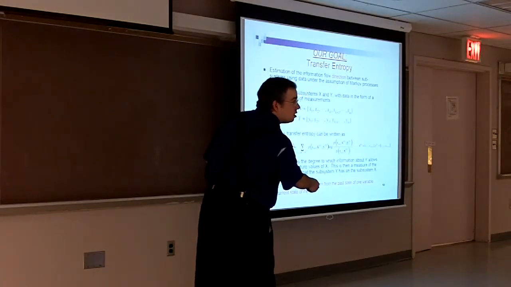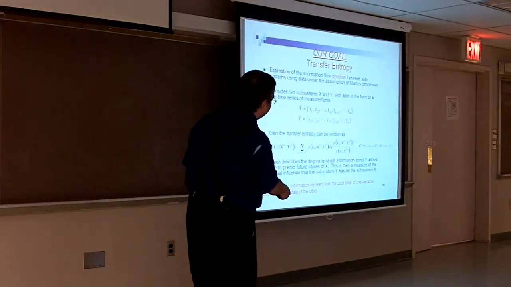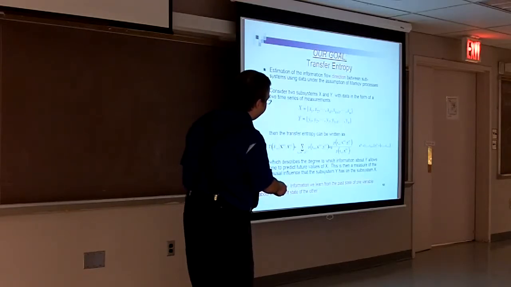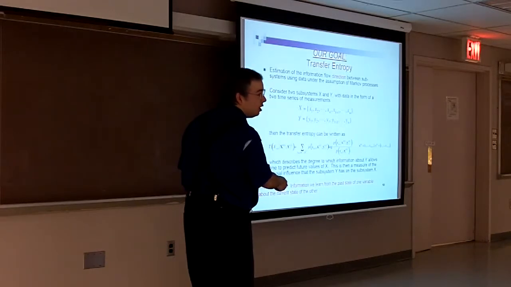So what this equation tells us is this future x value conditioned on its past k values and the other variable's past L values. And the denominator tells us this future value conditioned on its past k values.